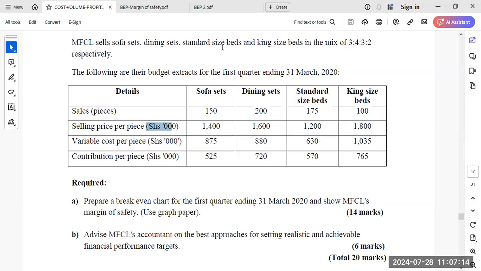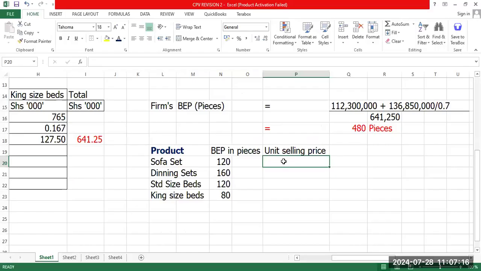So the first one is 1,400, and I add 3 zeros. Then next, 1,600, I add 3 zeros. Then next, 1,200.